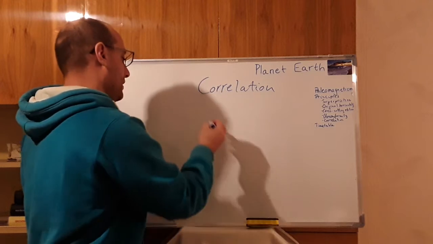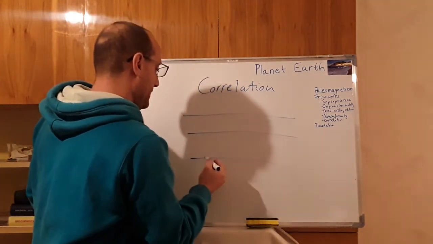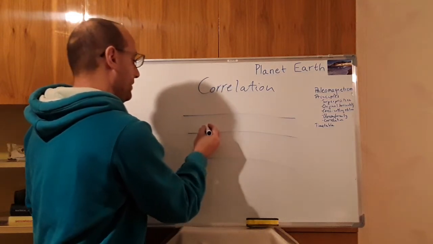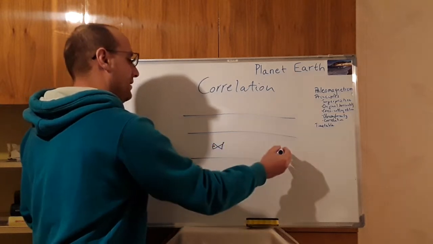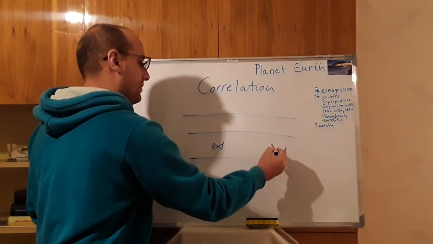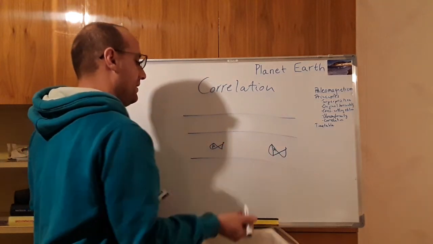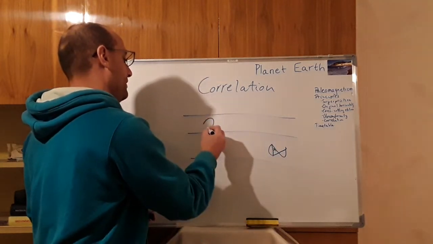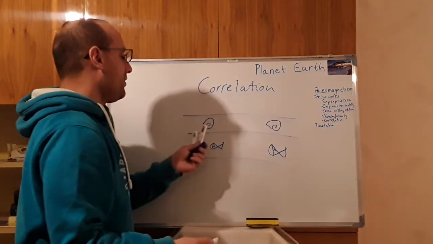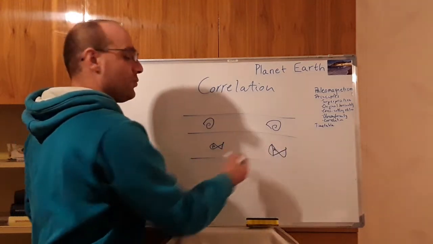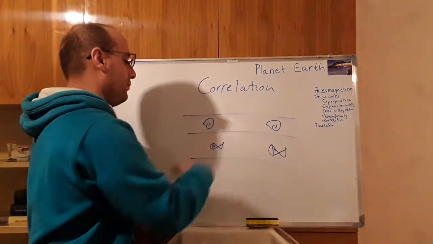And how? Perhaps we had different layers, as we usually have. And here there would be perhaps a fish bone, again a dead fish. This is a fish right here. It's dead. Here we have dead snails. There are the layers with similar fossils or remains of animals that we found.